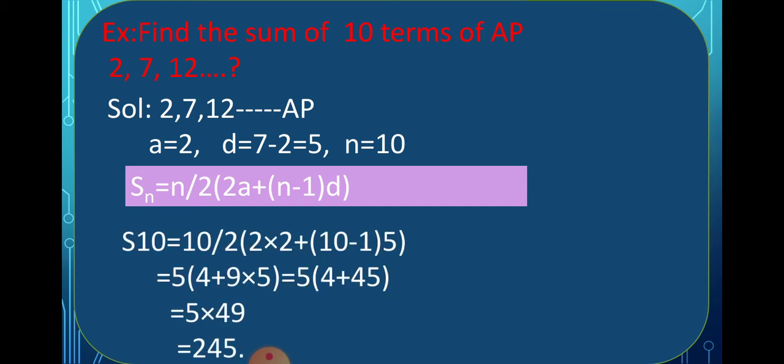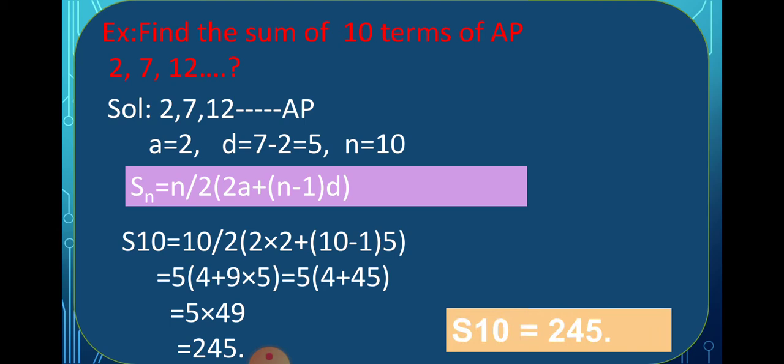In this formula we have to substitute all these values. Then S10 equals 10 by 2 into (2 into 2 plus (10 minus 1) into 5). By simplifying this, 5 into (4 plus 9 into 5), that equals 5 into (4 plus 45), that equals 5 into 49. At last S10, the sum of 10 terms, equals 245.